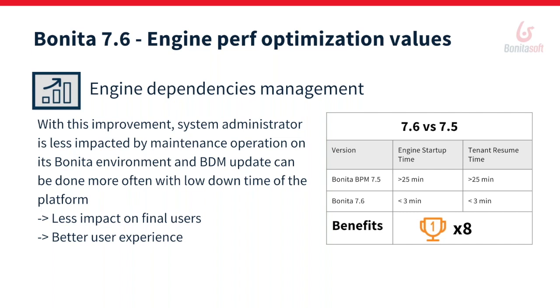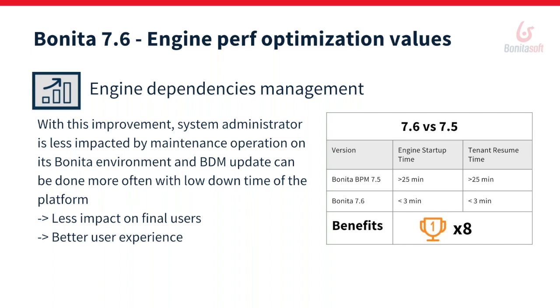Before 7.6, what would happen is, at startup time, the engine would create an isolated class path for each single process definition that is deployed in a Bonita platform, whether that process definition is enabled or not. And to build this class path, the engine will go to the database and load all the jars to populate the class path. And it will do that for all the process definitions.